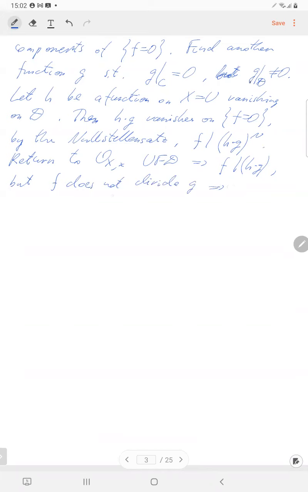And hence, by the UFD property, F divides H.